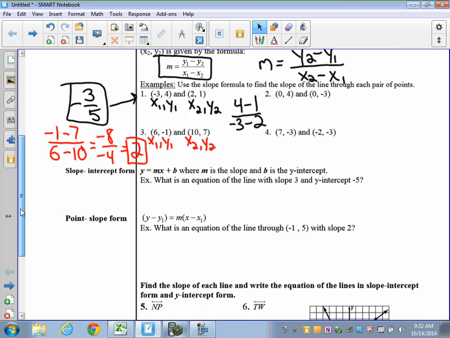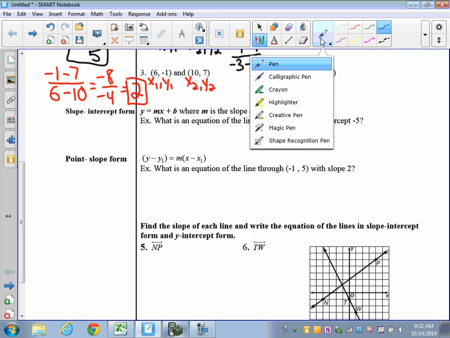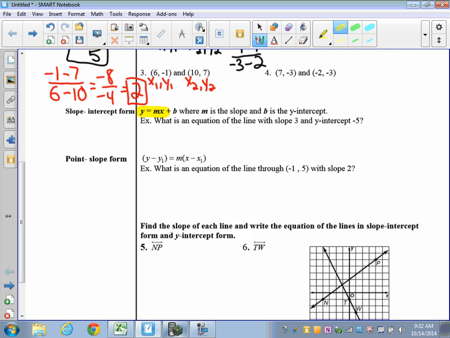Let's go on. We also have something called slope-intercept form. Again, this should be pretty familiar to you. Y equals mx plus b. This was one of the biggest things that you learned in Algebra 1, where m is the slope and b is the y-intercept. So they want us to write an equation. So it says, what is an equation of the line with slope 3 and y-intercept negative 5?